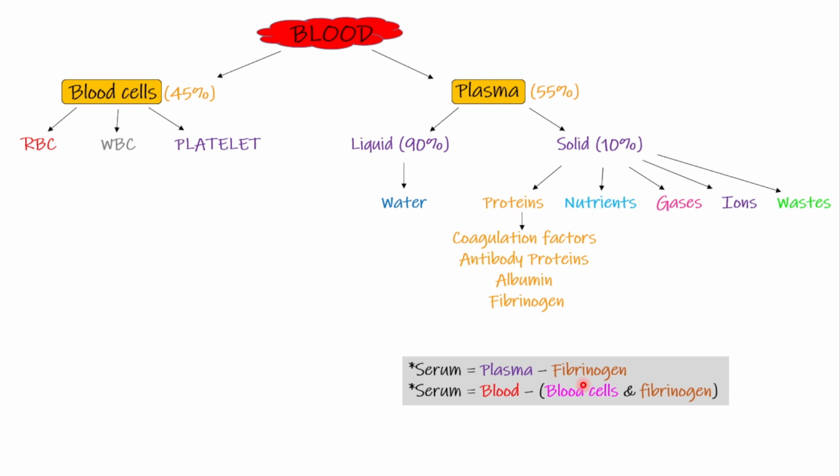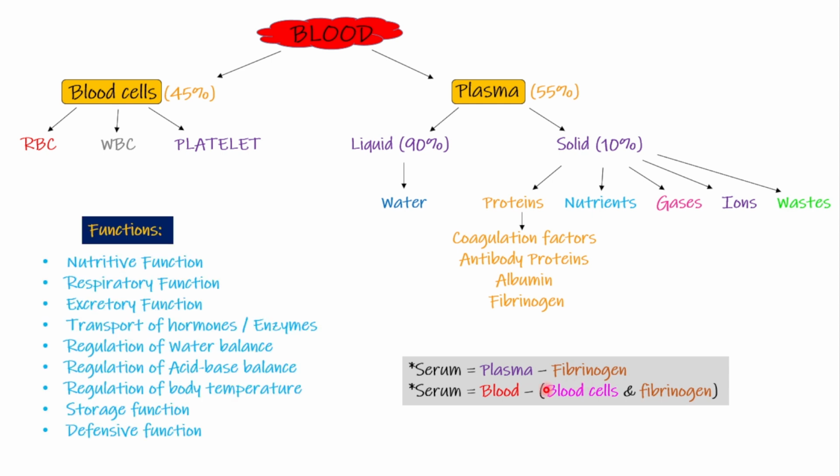Now if we discuss the functions of the blood, the function of the blood can be discussed by discussing the function of each of its components. For instance, what's the function of red blood cells? Red blood cells have hemoglobin in them. The hemoglobin is the main protein which will carry oxygen from the lungs to all the tissues.